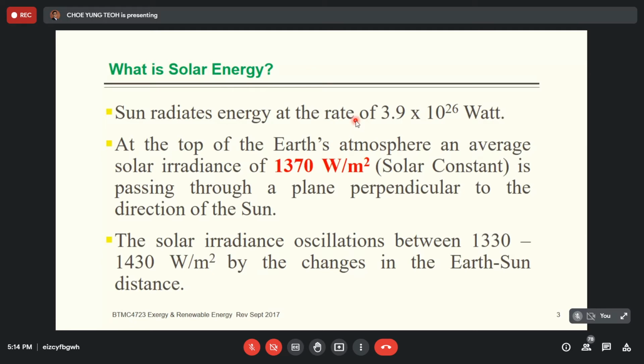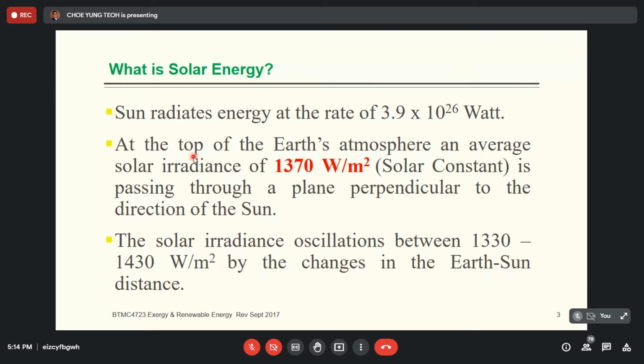The sphere that contains the energy becomes bigger when it gets further away from the sun, so the energy density will be less at any given point. But the total energy is still the same. This means that when we get further away from the sun, we receive less energy.